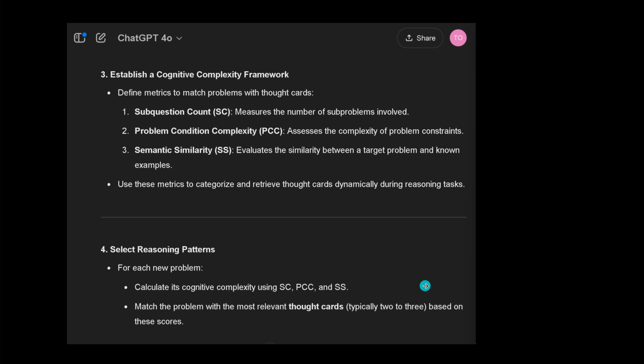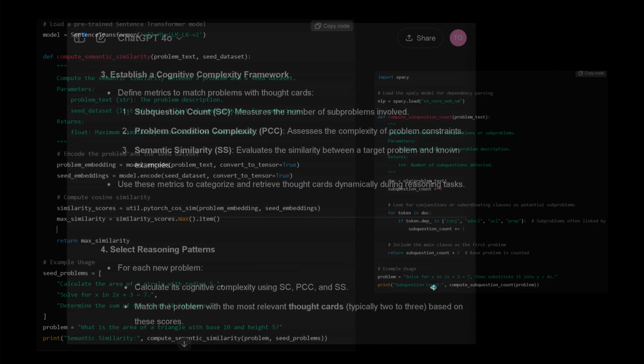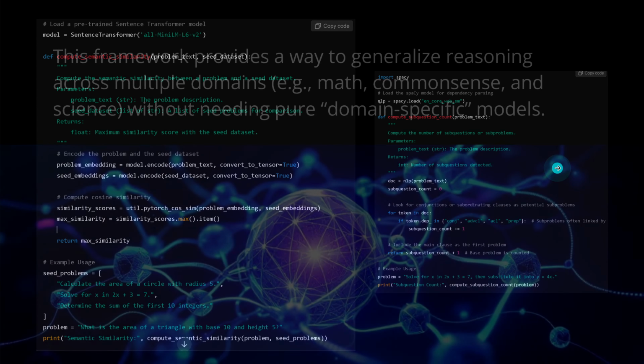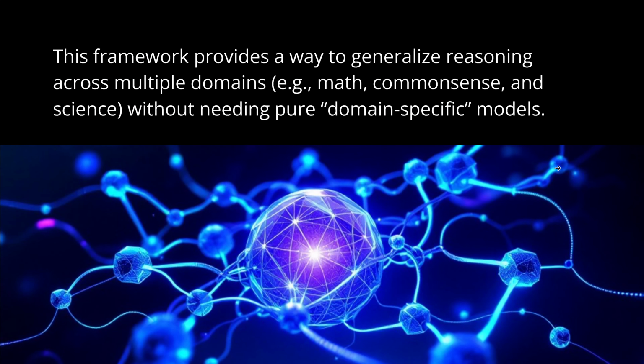And we do not have to provide hundreds of in-context learning examples, because with an abstraction logic we are able to find a generic pattern in all of this. To compute the semantic similarity, I use, as I told you, a simple, publicly available BERT system. Or to compute the sub-question count, the simplest way is, for example, with spaCy. This is all open source.